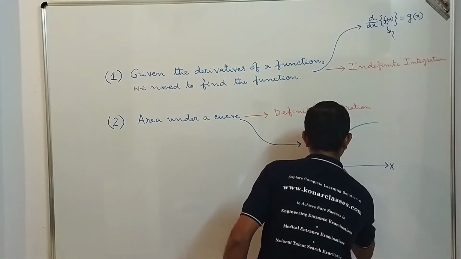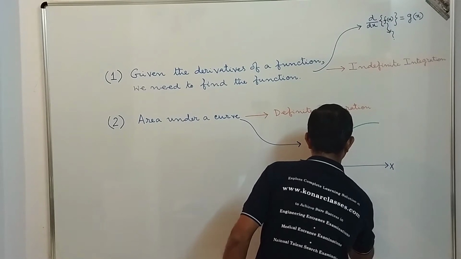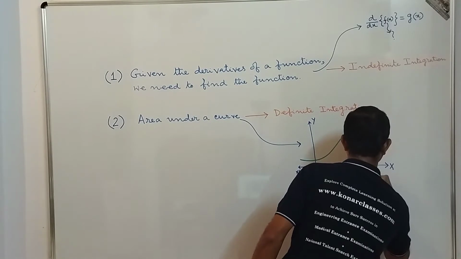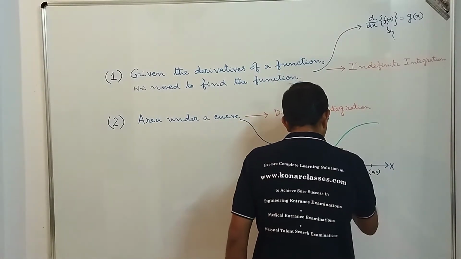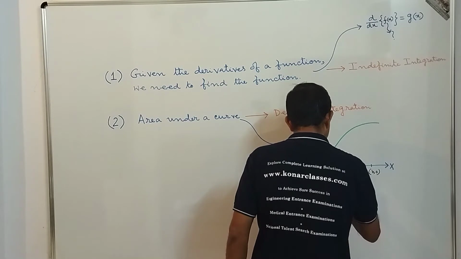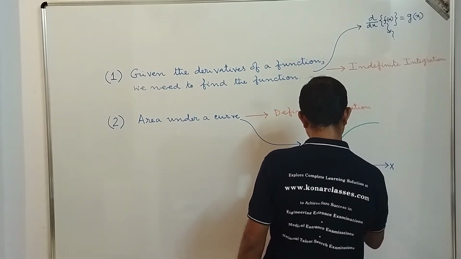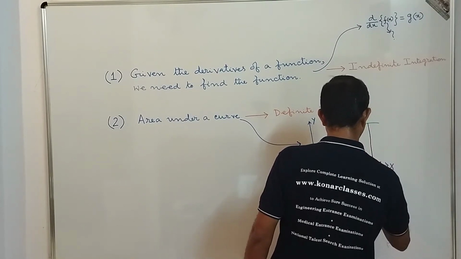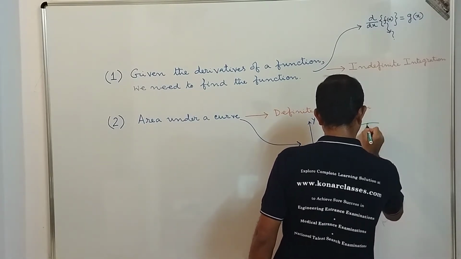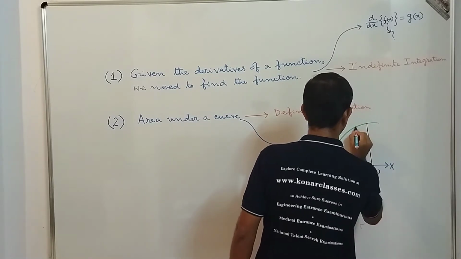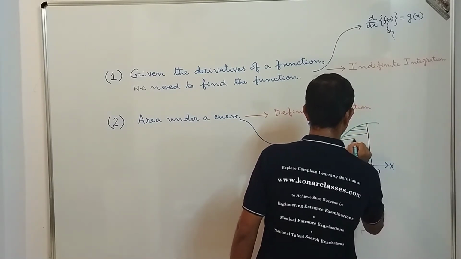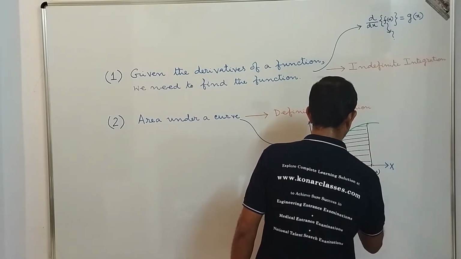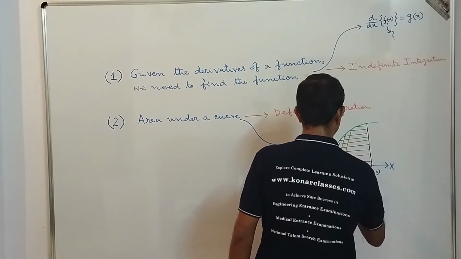Suppose this is one point, its coordinate is (a, 0). That is another point, its coordinate is (b, 0). And all we need to do is make this bounded region.